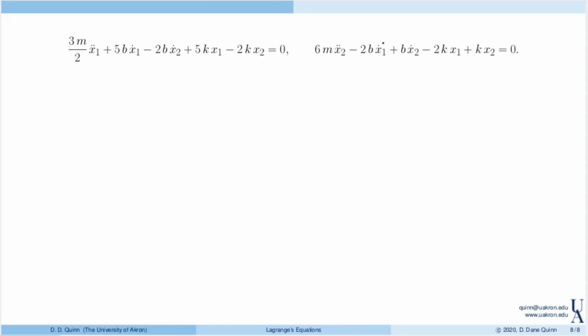So in matrix form, we have the following. Well, 3m over 2, 0, x1 double dot, x2 double dot. So this is my state vector.